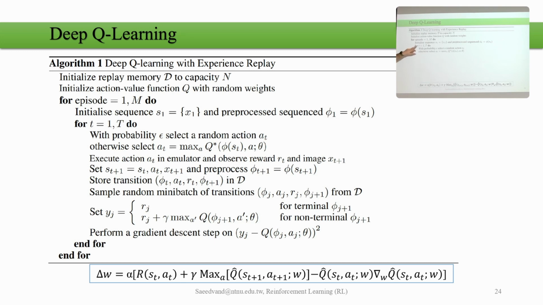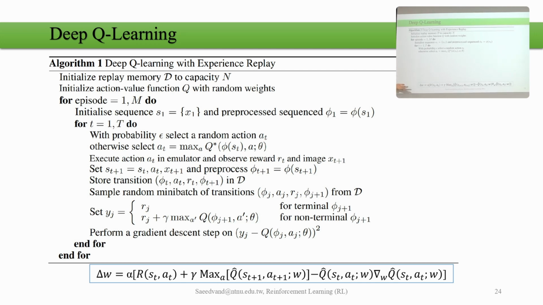Then for each time step, with probability epsilon, select a random action, epsilon greedy. Otherwise, select the maximum of Q. The maximum of the next action comes from the network this time, not a table. The output of the network gives us the action based on theta, the parameters. We get the maximum and run it.